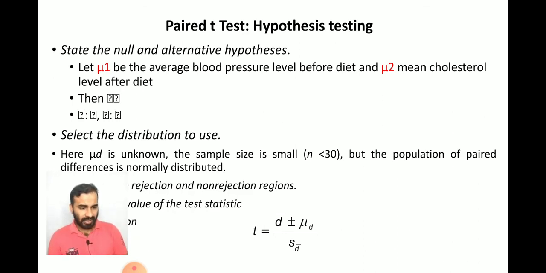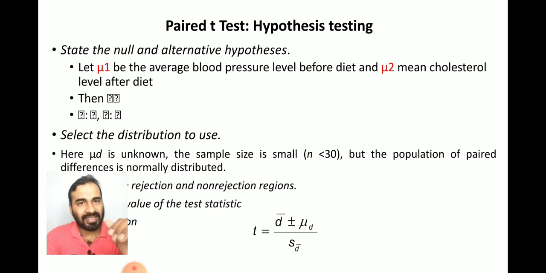So mu d is equal to mu1 minus mu2. Our null hypothesis H0 is mu d equal to 0 and HA is mu d greater than 0.